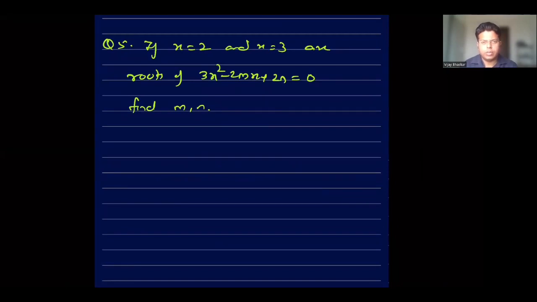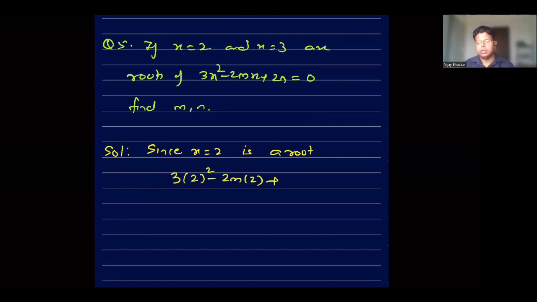Similarly another question: if x equal to 2 and x equal to 3 are roots of this equation, a quadratic equation is given to us and its roots 2 and 3 are given, it says find the value of m and n. Simple, again since x equal to 2 is a root, it should satisfy the equation. So 3 into 2 squared minus 2m into 2 plus 2n equal to 0.